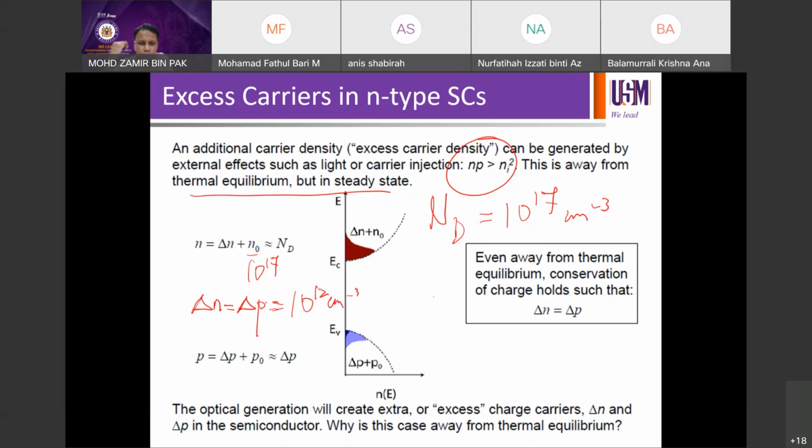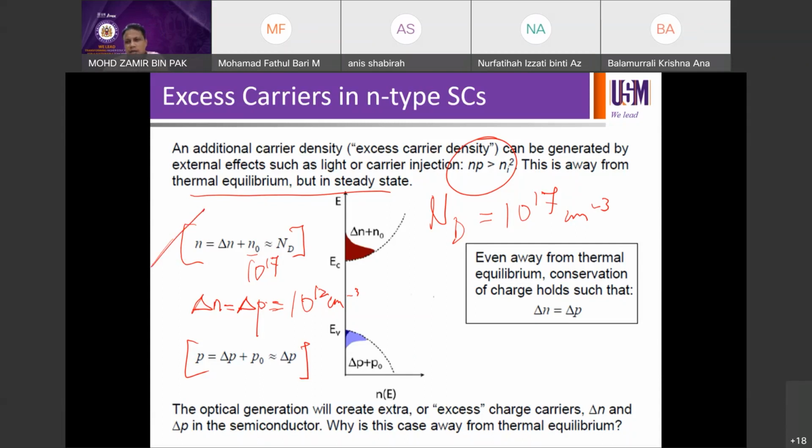Let's have a look at these two equations. What happened in the two equations here? Bear in mind that you are working on N-type silicon. So your delta N is 10 to the 12 and your N naught is 10 to the 17. Let's look at the first one. What happens to the value of N?